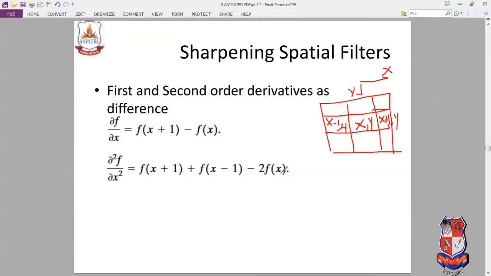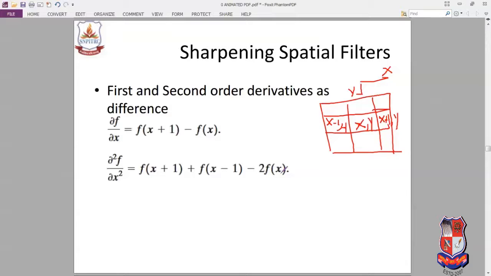Similarly, you can calculate the derivatives in the y direction. It will be curly f by curly y equals f of y plus 1 minus f of y, and curly square f by curly y square equals f of y plus 1 plus f of y minus 1 minus twice f of y. So that would be in the y direction.